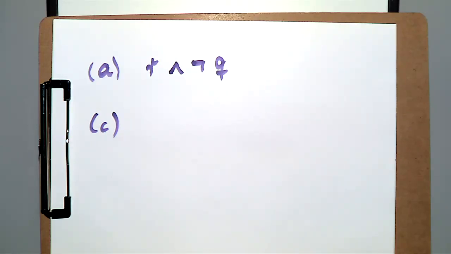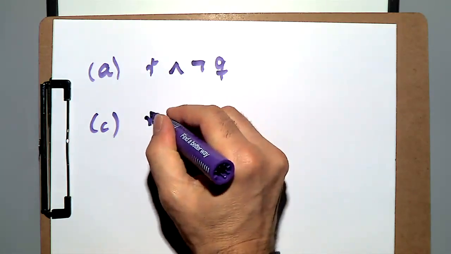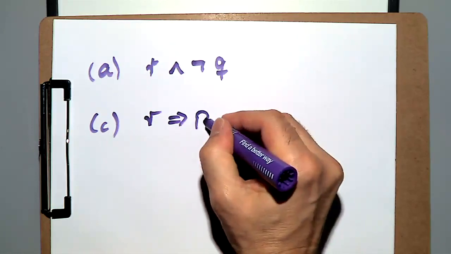And what would be the correct implication for this? R implies P. Yes, this is exactly right. R implies P.